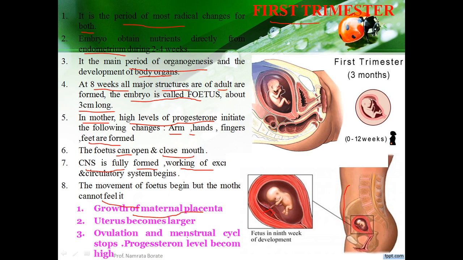Ovulation and the menstrual cycle are stopped, and the progesterone level becomes high. In this period, the mother experiences morning sickness, nausea, vomiting or mood swings. These are the important changes occurring in the first 3 months in the mother and the fetus.